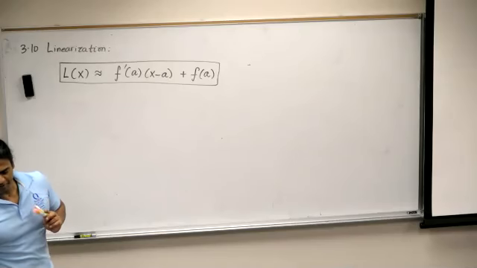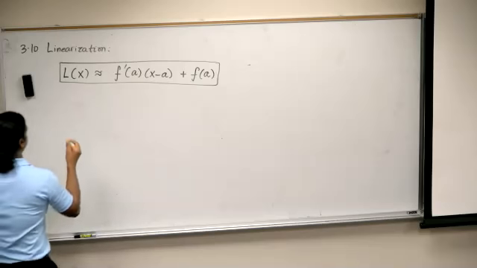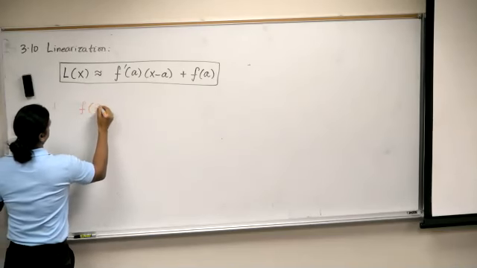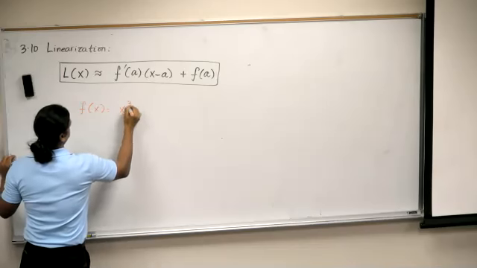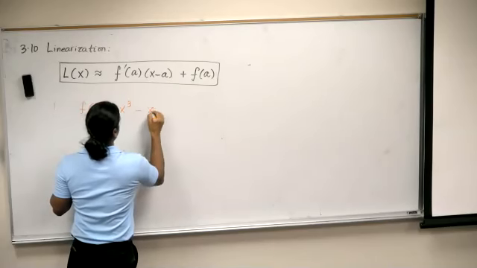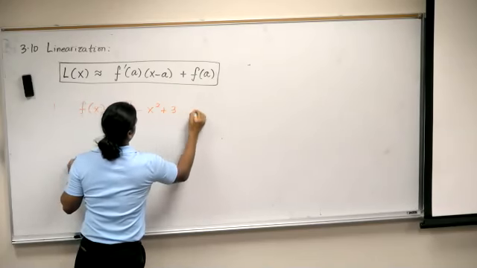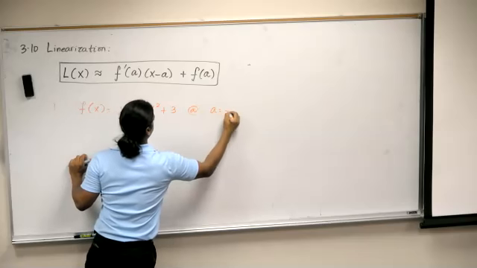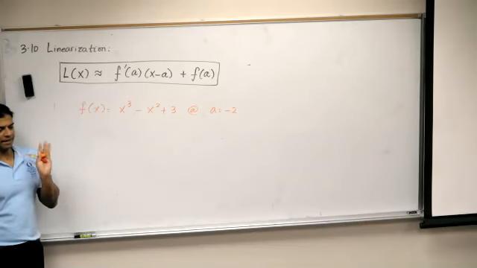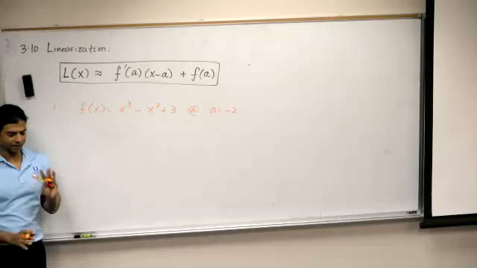Okay, so we want to come up with a linearization for this particular function. The example is f of x at a equals -2.